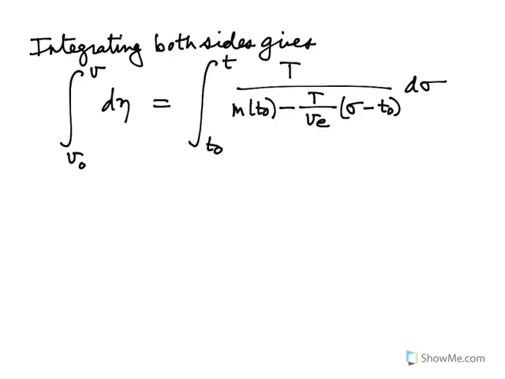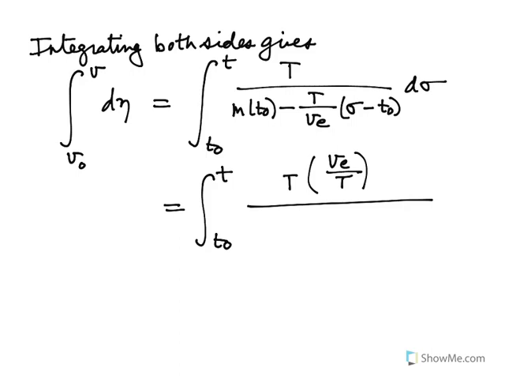But this can be integrated more conveniently if we write the integral on the right side. If I multiply through by v_E over T, I get T times v_E over T all divided by m of t0 times v_E over T minus (sigma minus t0) d sigma, which just becomes a natural logarithm.